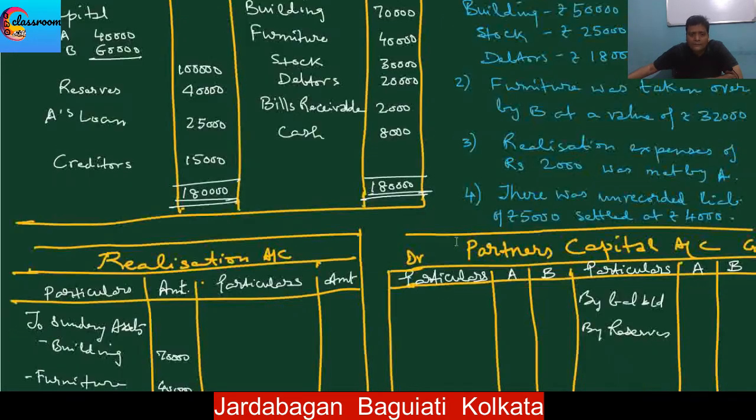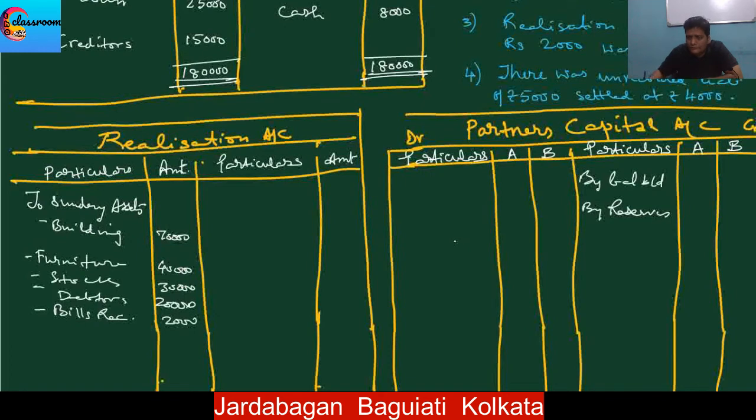So, opening balance capital 40,000 and 60,000. Reserves 40,000 distributed equally comes to 20,000, 20,000 each.